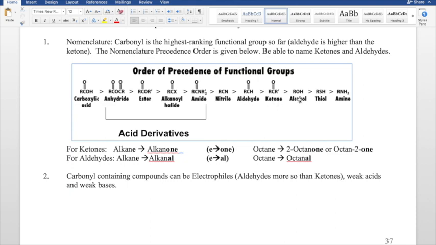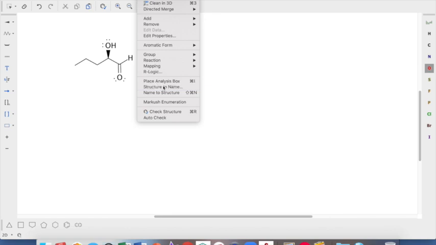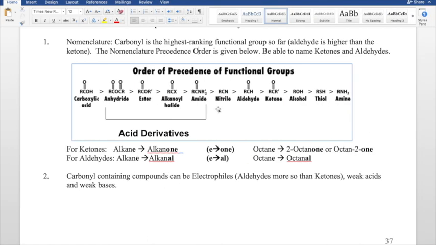Instead of being a pentanol, it's going to be hydroxypentanal. Let's check it out, make sure we're right. If I go structure to name, boom, look at that, 2R-2-hydroxypentanal. So the aldehyde took precedence over the alcohol. This isn't anything to do with nature. Humans just made up these rules, and I'm not big on testing you on this stuff hardcore. Just notice that if you have a carbonyl, you outweigh the alcohols and the other things.